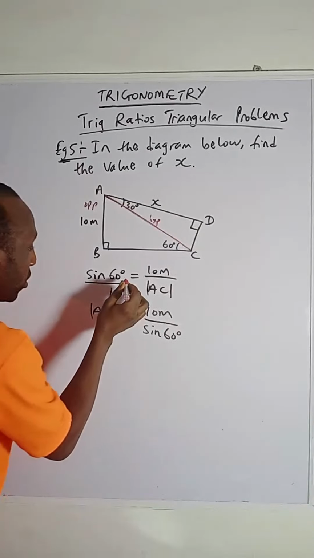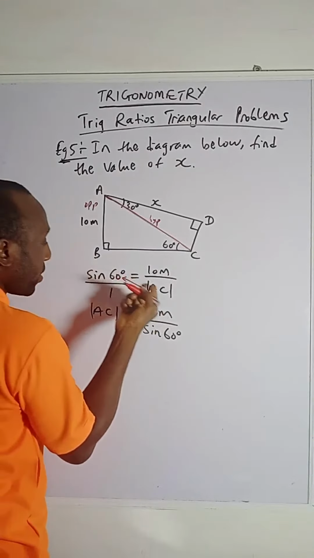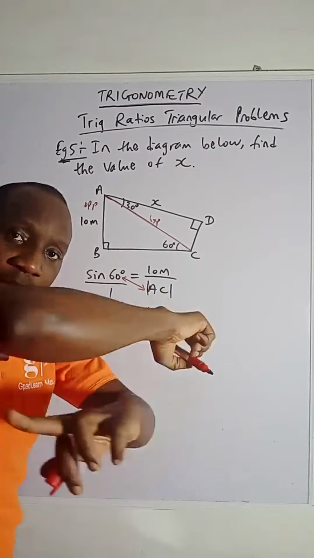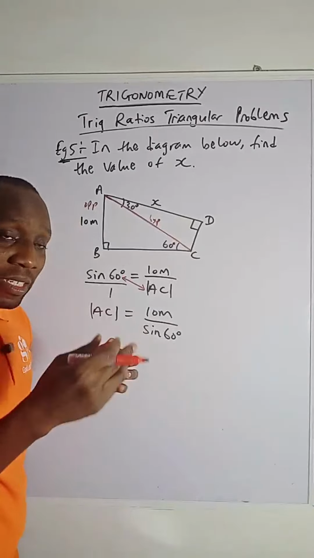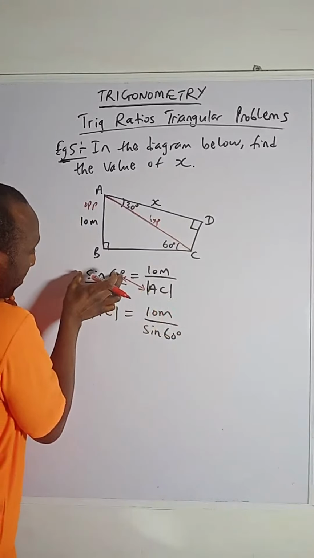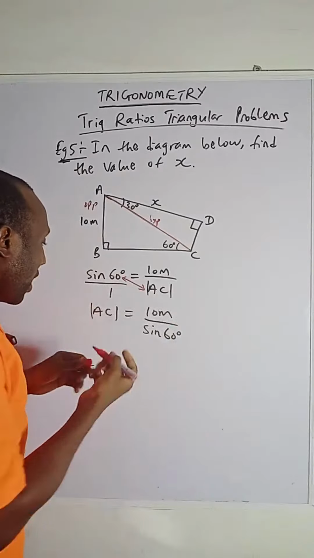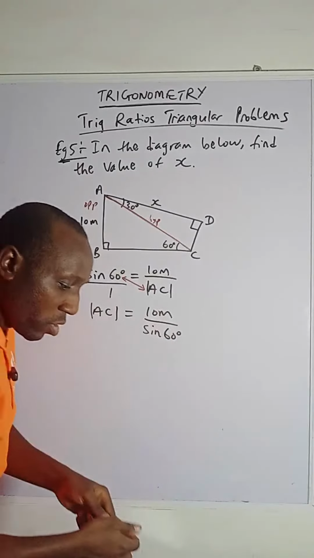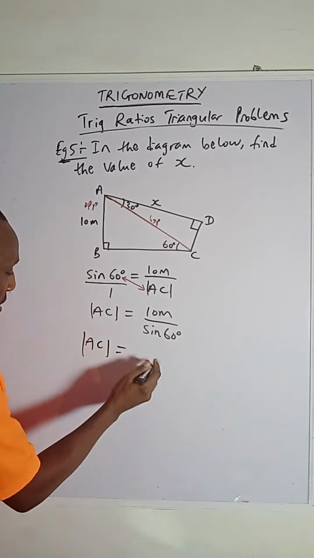You can just flip the position: move AC up here and move sine 60 down here. It's also like cross multiplying, but you are skipping an unnecessary step. So AC comes up here, sine 60 comes down here. It's a smart way to hasten the process or skip unnecessary steps.